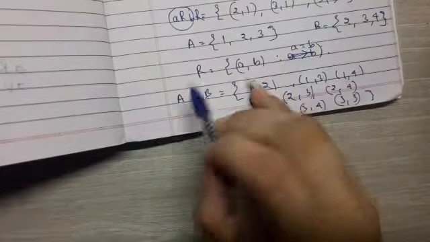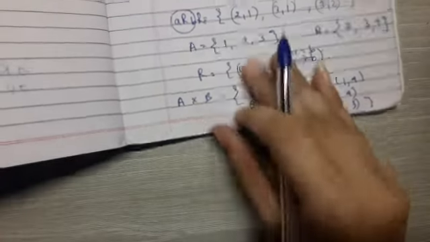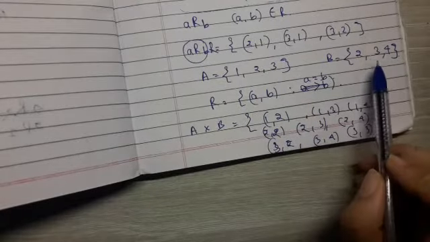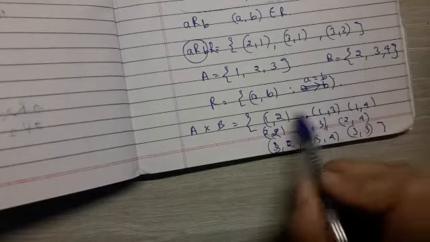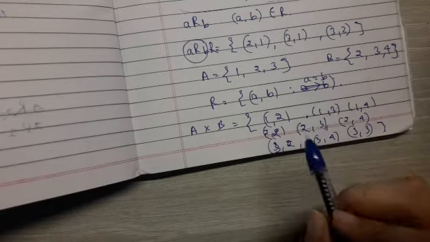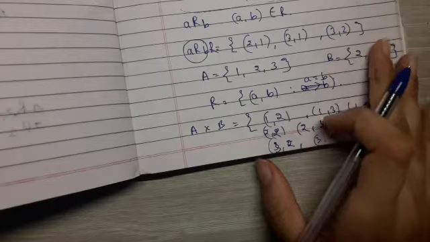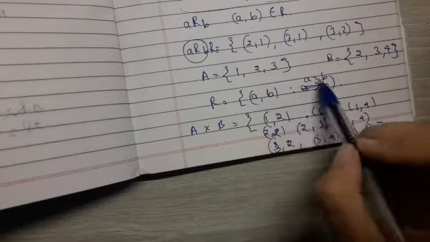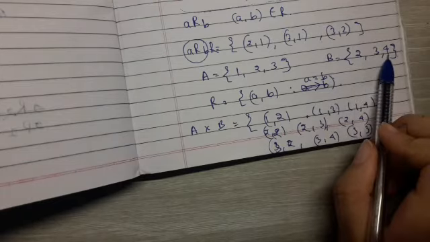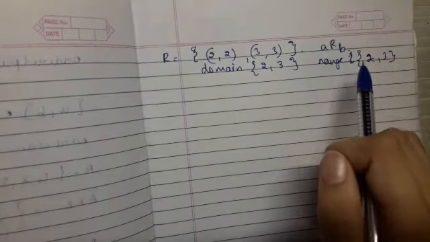Okay. The codomain is basically the output values that you can get here. Like here we can see that we are taking a relation from A to B, right? So the codomain is the set B, which is {2, 3, 4}. These were the output values that you can see in this Cartesian product. But the range is the output values that you actually get from the relation that you have defined. So from the codomain 2, 3 and 4, the range that you get in the relation is only 2 and 3.